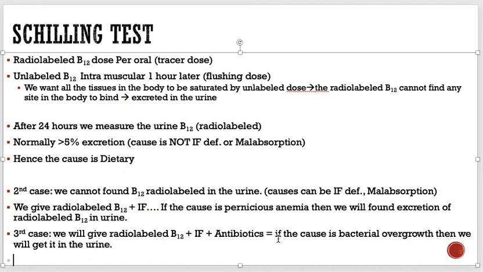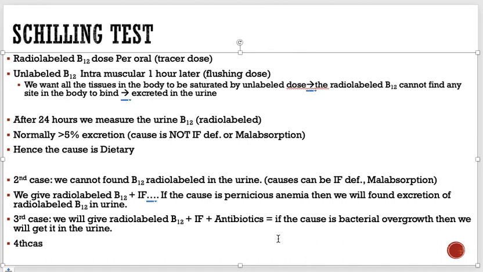And the fourth case is simply that you cannot find it. So if this is the case, what is the cause? In the second case, what is the cause? Pernicious anemia. In the third case, what was the cause?